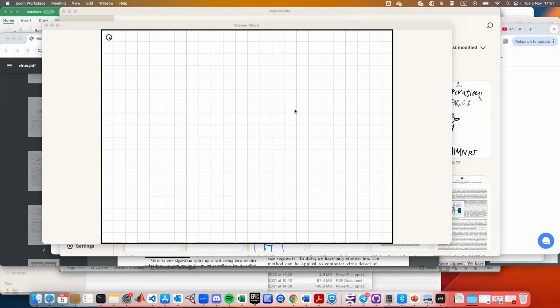So let's talk about the landscape of AI or ML algorithms.